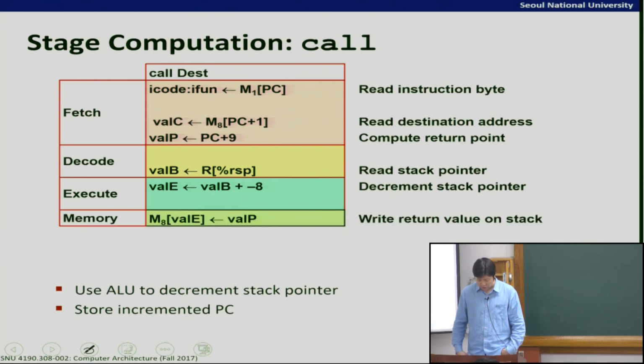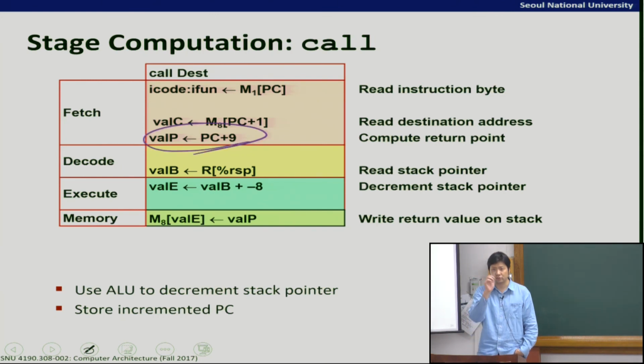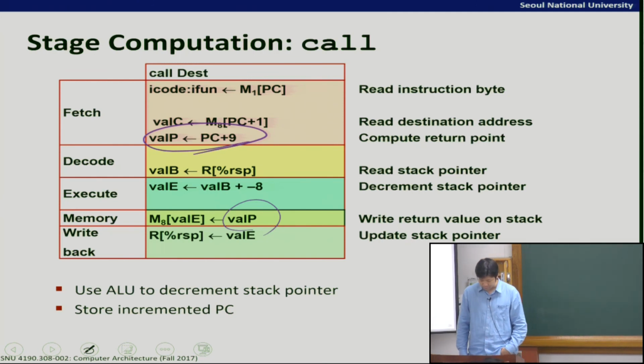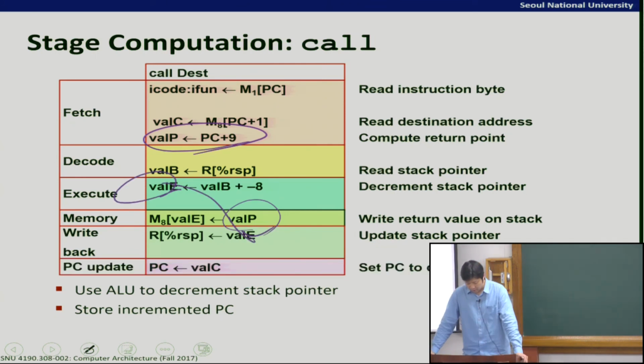In memory stage, you write the return address, which is the next instruction, to the stack. In write back stage, you update the stack pointer with the computed value, valE. And in the PC update stage, you set the PC to the destination.